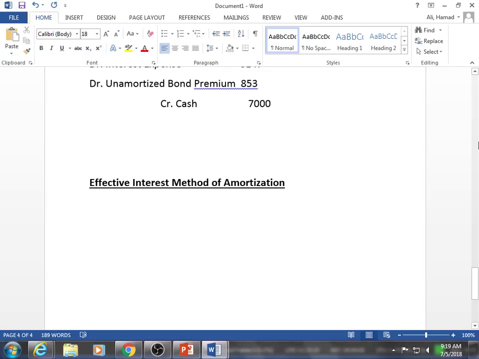Let's do the discount first. How much was the carrying value at the discount date when we first issued it?